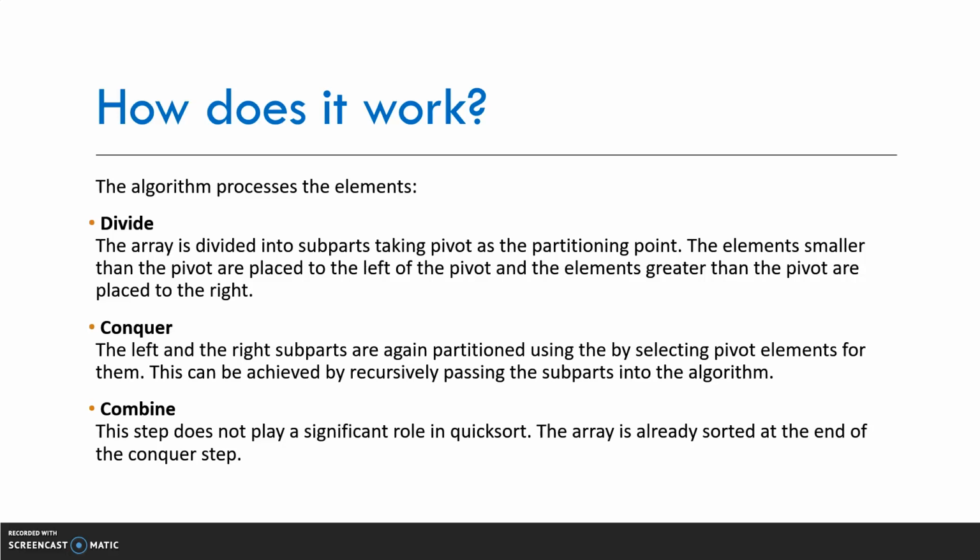For the conquer step, the left and the right subparts are again partitioned by selecting a pivot element for them. This can be achieved by recursively passing the subparts into the algorithm. Now the combine part does not play a significant role in quicksort. The array is already sorted at the end of the conquer step.